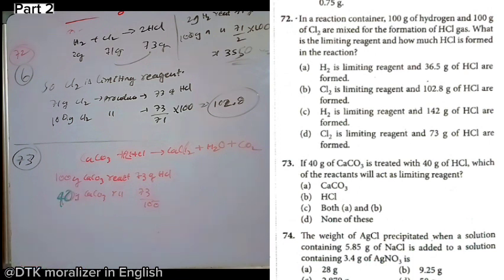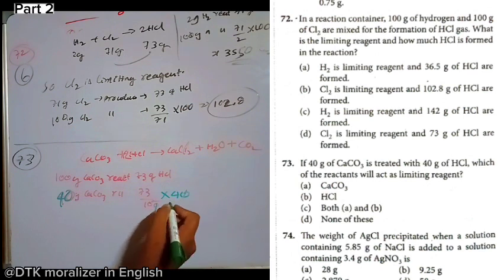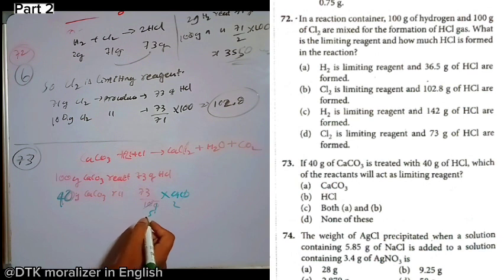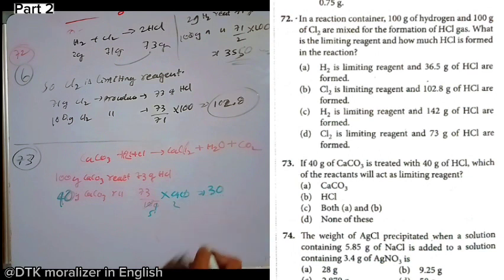For 40 grams, it is multiplied by 40. So here, for 40 grams, only 30 grams of HCl is needed.